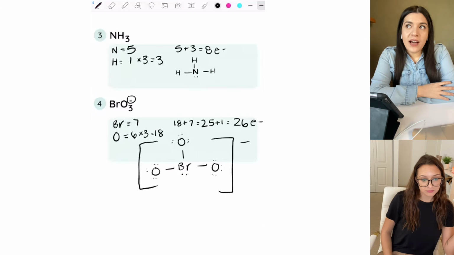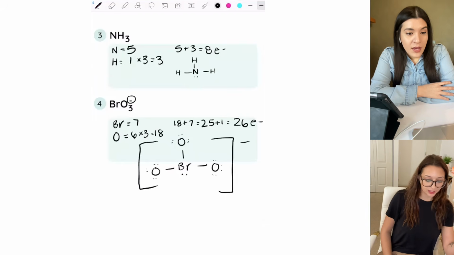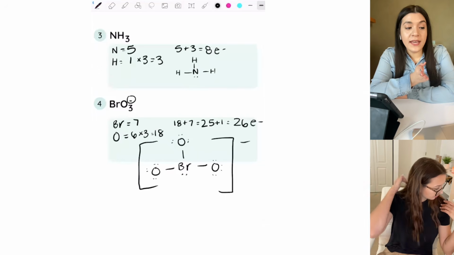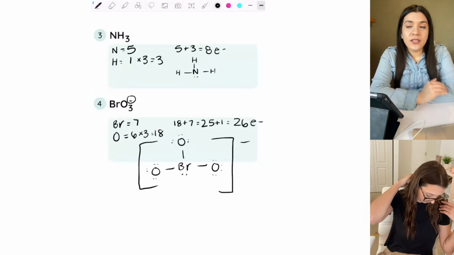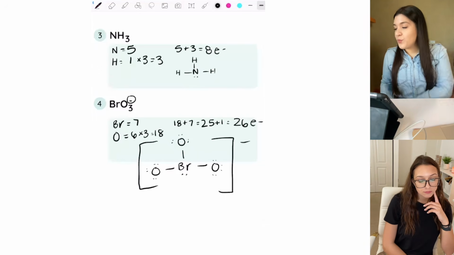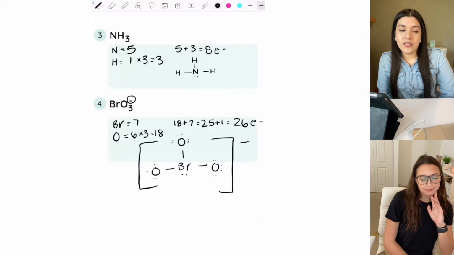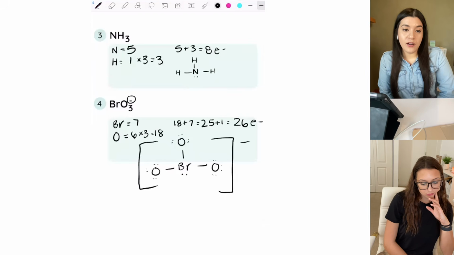That and the fact that bromine is part of the exceptions, yes. So definitely the charge, definitely it's in the exception. And we saw that again with question 2 because it was sulfur. Sulfur is also part of our exceptions and it had a charge. So what I want you to do first is just find the formal charge of the central atom, so bromine. And I'll walk you through it.